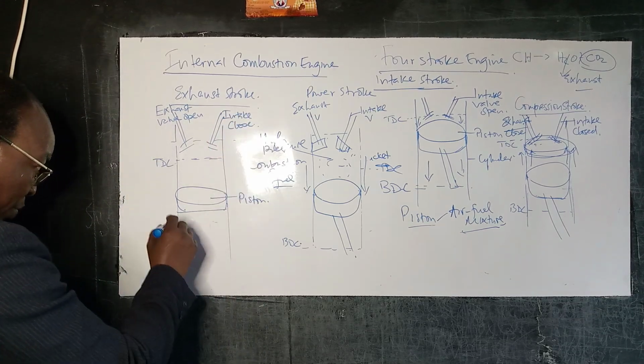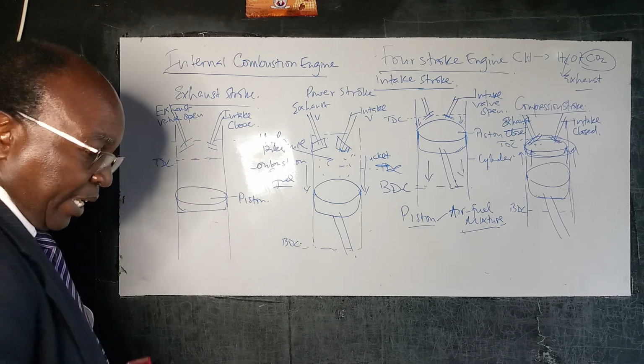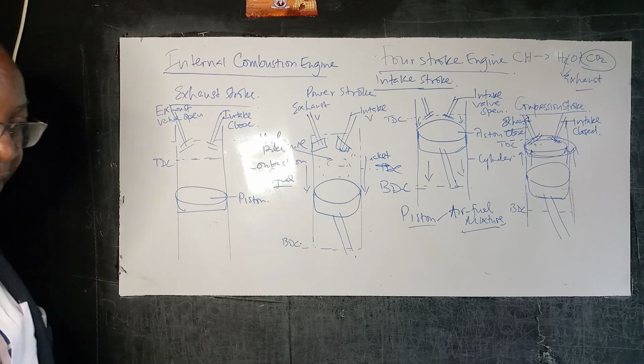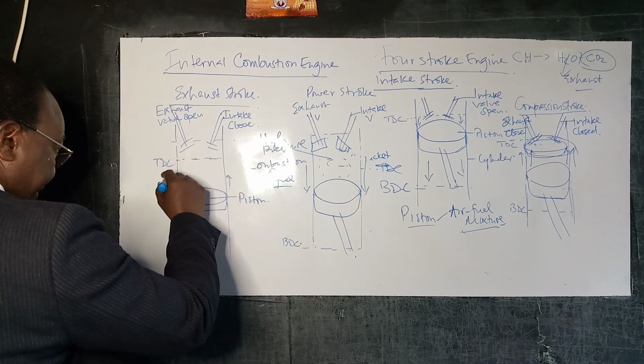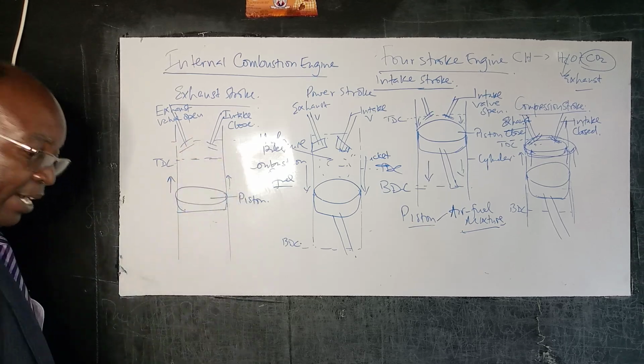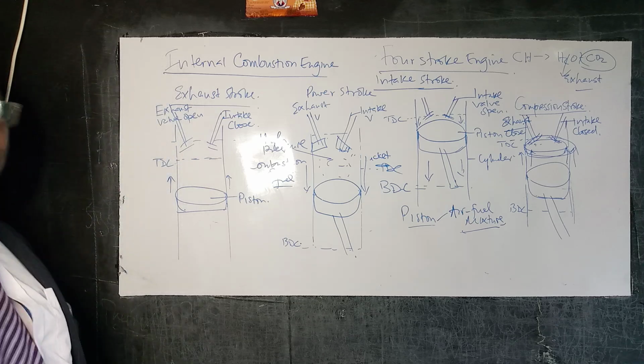And so when it reaches down there again, because of those inertial actions of the crankshaft and so forth, the piston is pushed upwards, compressing whatever residual gases are here, resulting from the products of combustion.